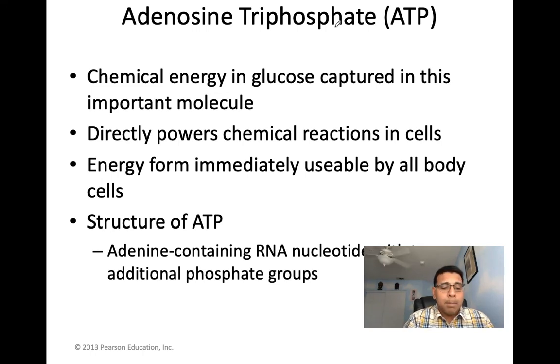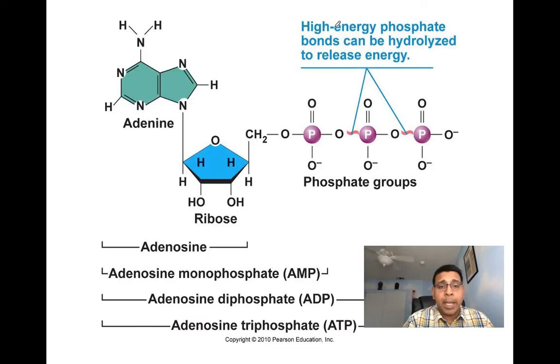ATP is made up of an adenine, which is going to be a base. So here you can see that. It's made up of a ribose sugar. We could see that. And 3 phosphate groups.